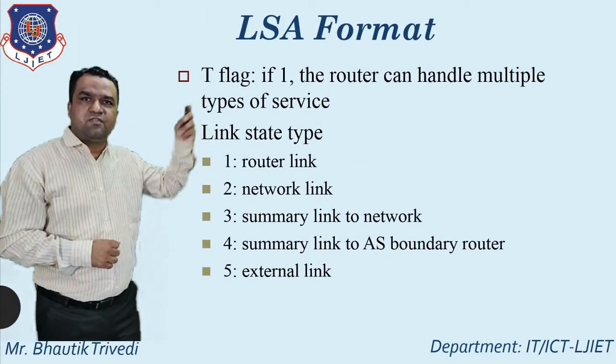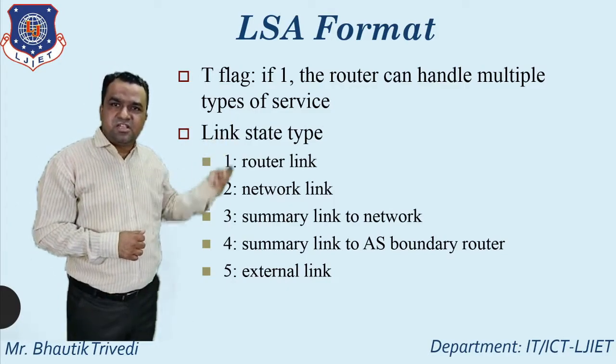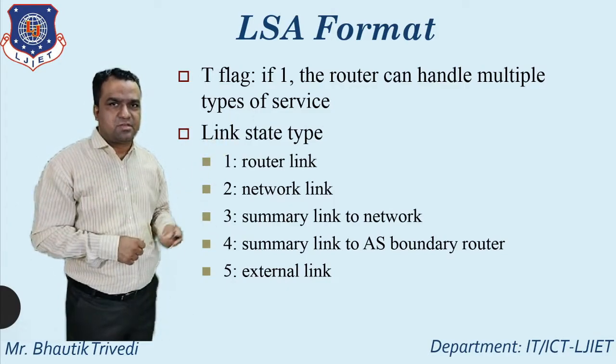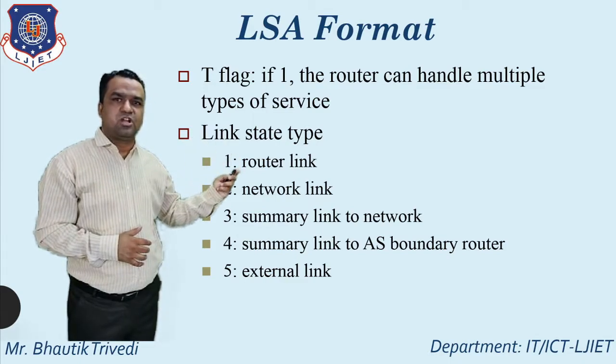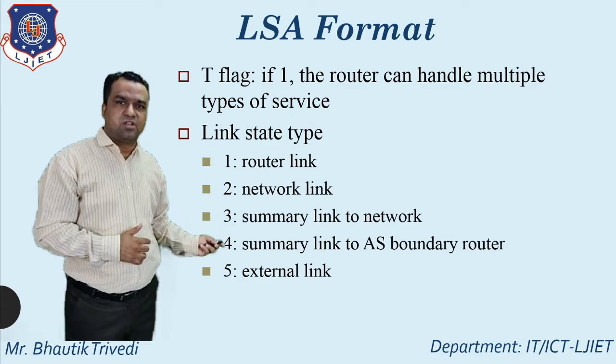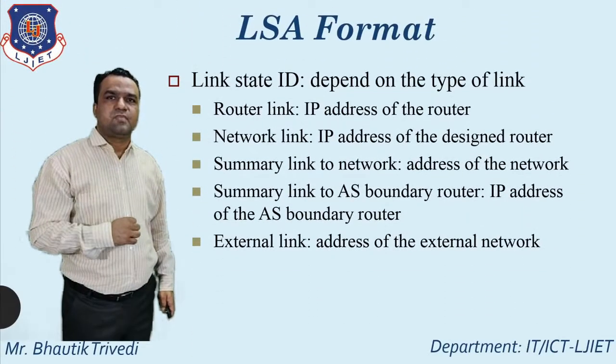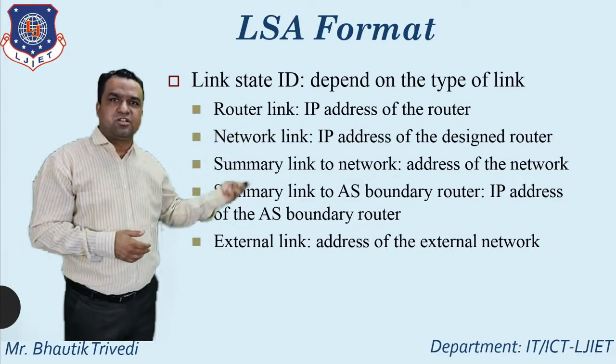LSA format, T flag, already you know, you can handle multiple types of service with this. Link state type supports the 5 types. Again I repeat the names: router link, network link, summary link to network, summary link to AS boundary router, and external link, meaning 1, 2, 3, 4, 5. Link state ID depends on the type of the link.